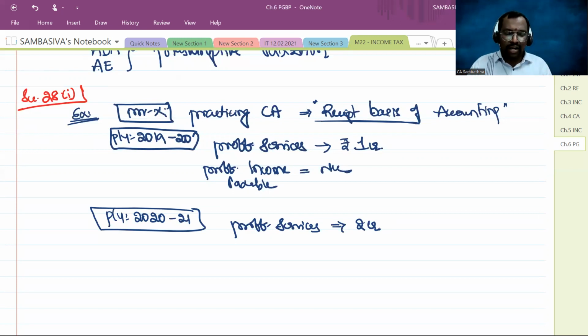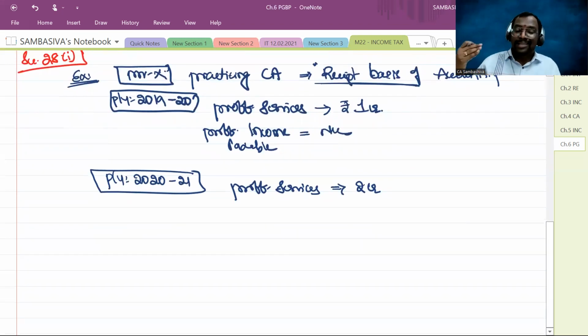In the financial year 2021 also, he followed the same receipt basis of accounting. And again, in this year also, he gave instructions to the clients. Okay, dear clients, hope you enjoyed my services, but I'm not asking you to pay the money immediately. Whenever I'm in a financial crisis, I'll ask you for the money, then you'll pay. So clients are again happy.